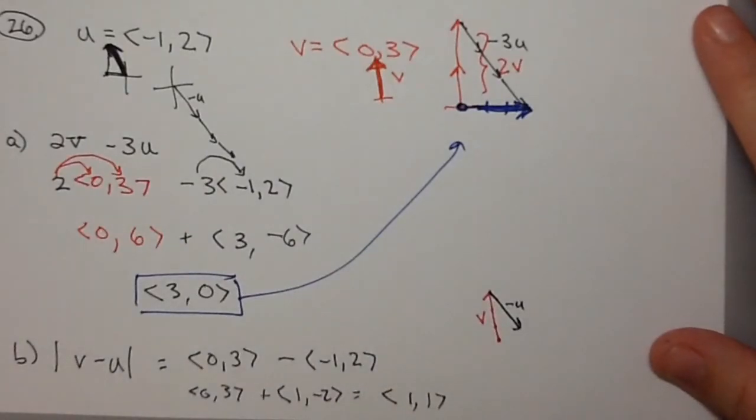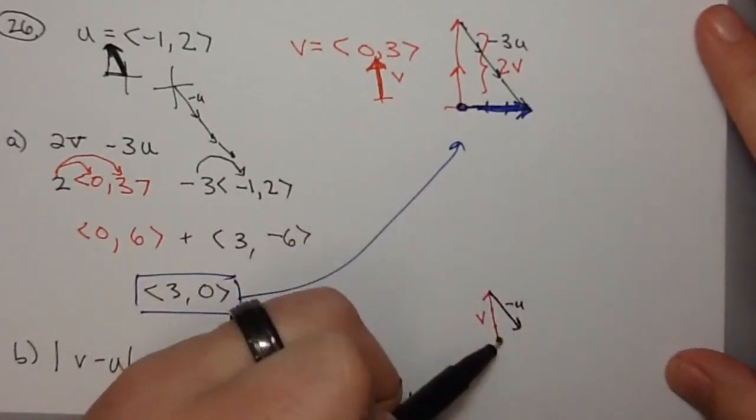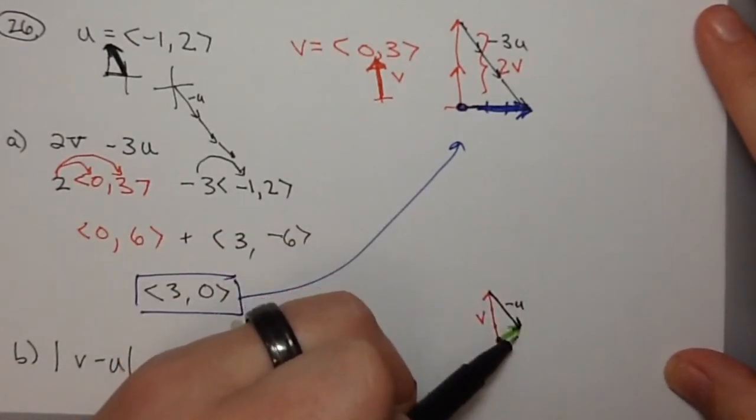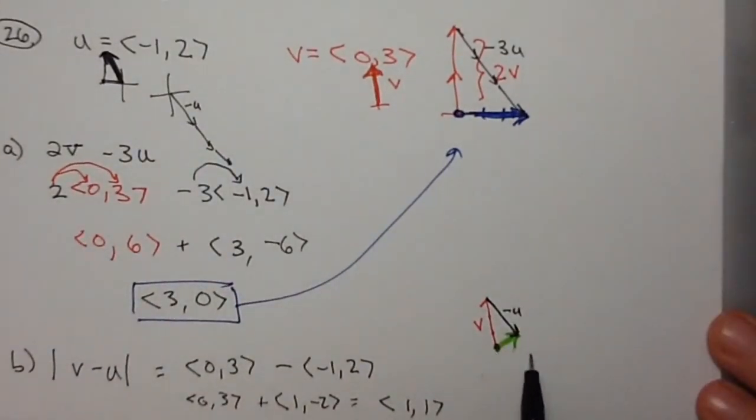So our result then, I'm going to draw it in green here, goes from the beginning of the first to the end of the last. So that's our result. It has an x component of 1 and a y component of 1. But they ask us to find the magnitude.